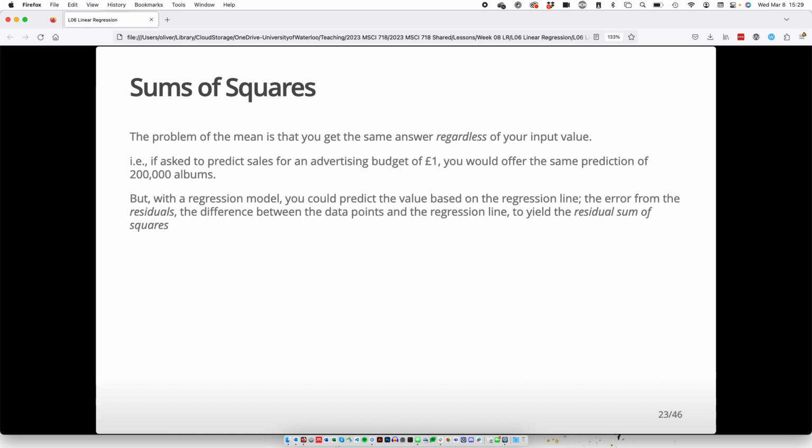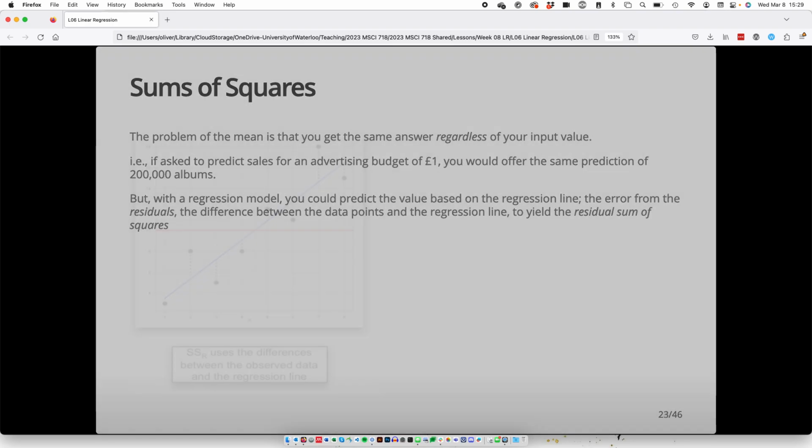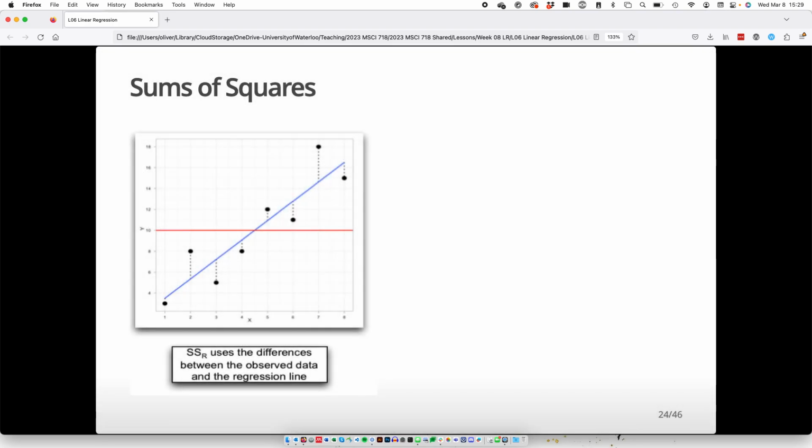That's why it's called the sums of squares rather than the variance: the variance is the sums of squares for just the mean. This is the simplest model you can imagine. You summarize it with just that centroid being the mean. Now, instead of the mean, you're looking at the sums of squares versus the regression line. Those are your residuals. So you create the blue model. You look at the difference there. That's the error that you have with that model.